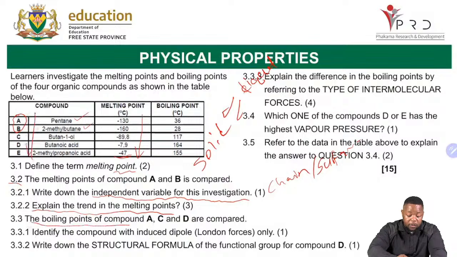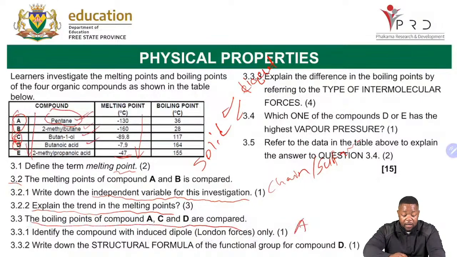The boiling points of compounds A, C, and D are compared. So we are comparing now A, C, and D. A is an alkane, C is an alcohol, and D is a carboxylic acid. Identify the compound with the induced dipole or London forces only, and that will be compound A. Remember, compound A belongs to the homologous series, which is alkanes.